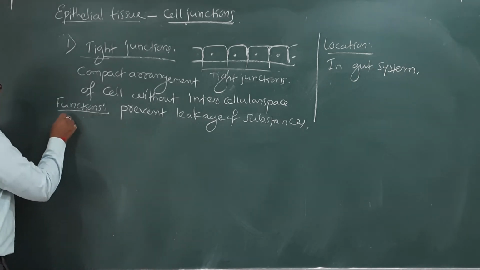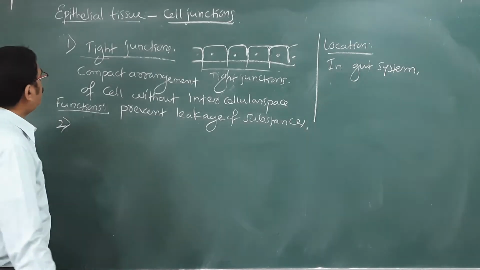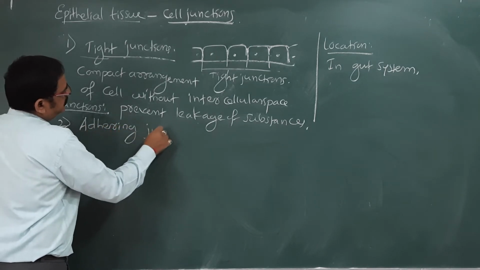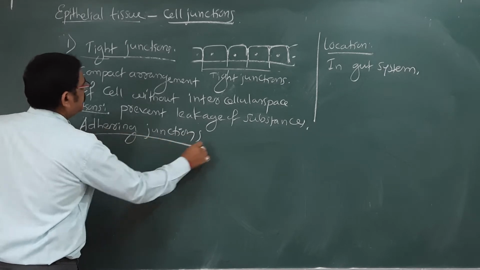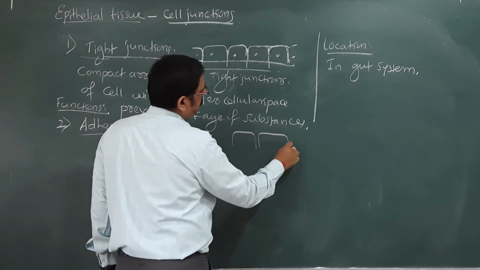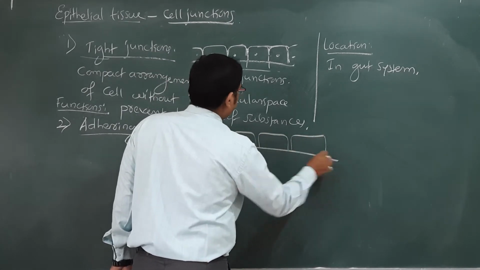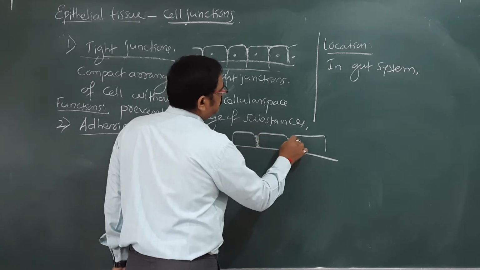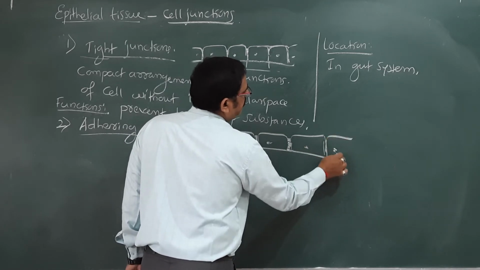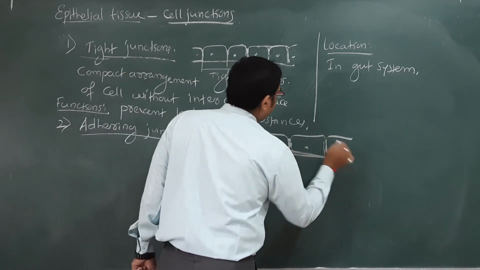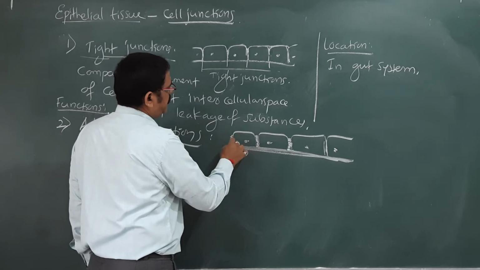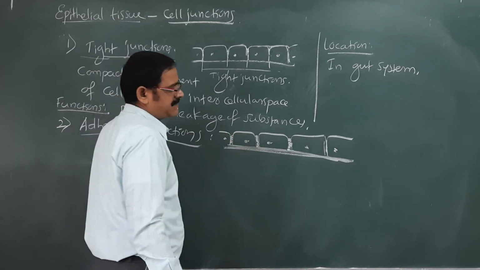Now, the second kind of cell junctions in the epithelial tissue we call adhering junctions. Adhering junctions refer to this: the cells are there, but there is a slight gap, but still this gap is packed up by a certain kind of cementing substance, or matrix protein. So the presence of matrix protein makes the cells remain attached.